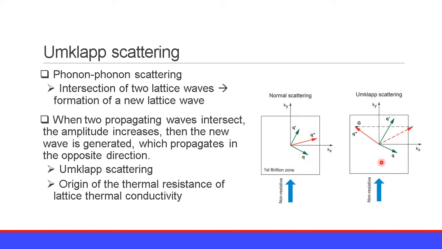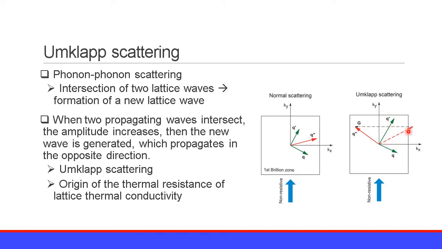However, if the sum of Q and Q prime is large and the resultant lattice wave is located out of the first Brillouin zone, the situation is different. This broken arrow shows the sum of the original two lattice waves, Q and Q prime.